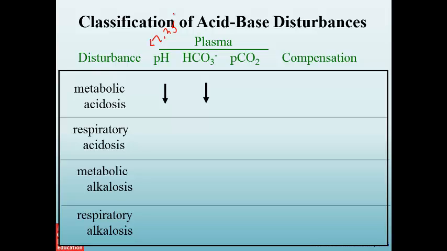Now the response, the compensation for that, is going to be to decrease the amount of acid in the body, and the acid that you're able to get rid of most quickly is CO2 by hyperventilating. The renal system will also increase production of bicarbonate, but renal production of bicarbonate takes longer than simply changing from normal to hyperventilation.